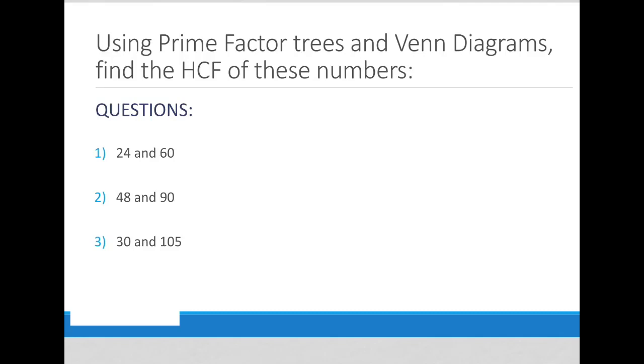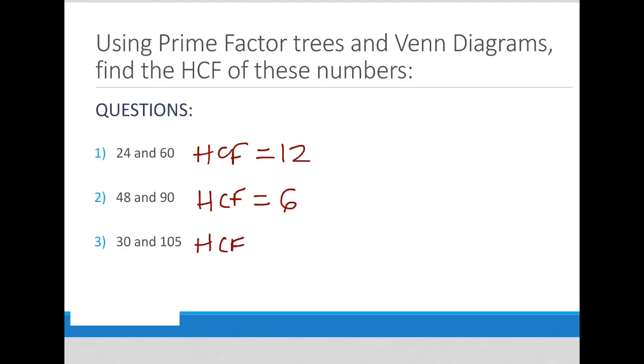Okay, you should have managed to work out the answers now for questions 1, 2 and 3. And here they are. The highest common factor for question 1 is 12. The highest common factor of 48 and 90 is 6.